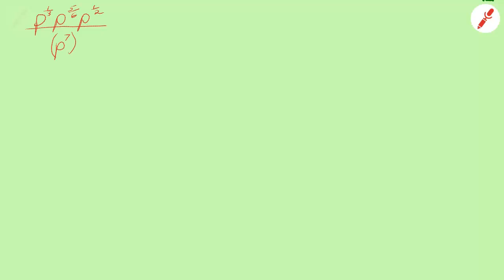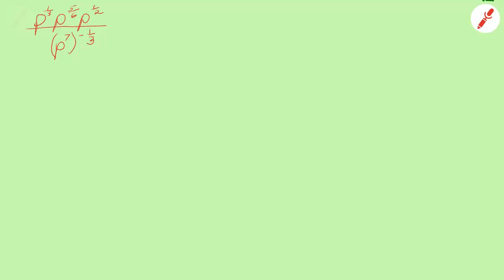The p to the 7th power on the bottom of the fraction is in parentheses, and it is being raised to the negative 1/3 power. Okay, that's ugly, but if we go one step at a time, we can do this.